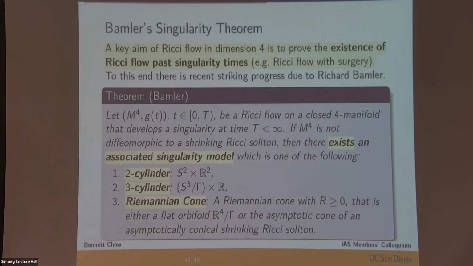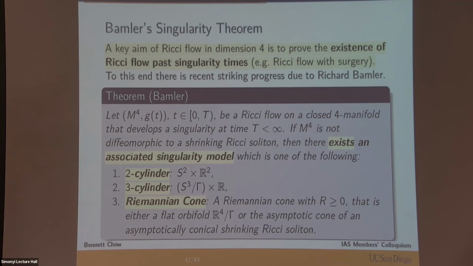The A-hat genus is 1/8 the signature, so the signature would be 0, and certainly that would satisfy the 11/8 piece. So we're just going to look at when the singularity model is non-compact.